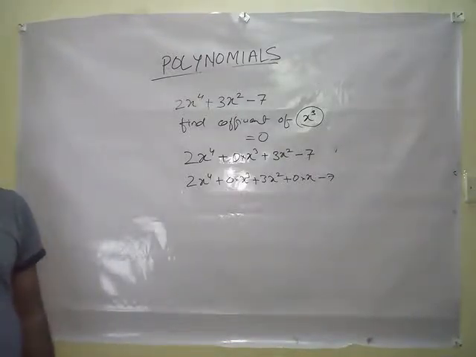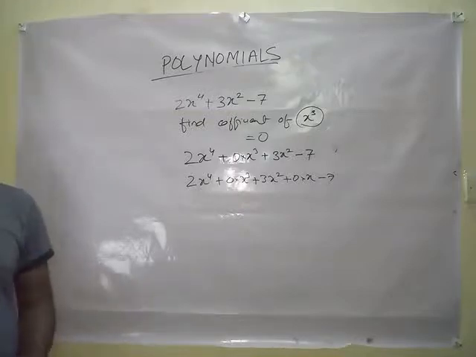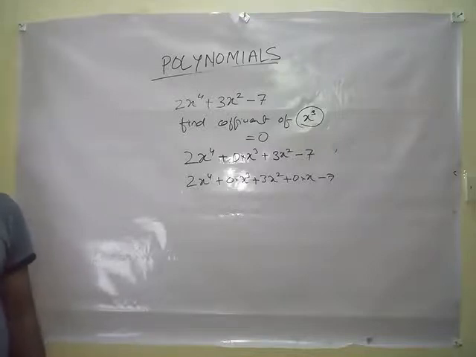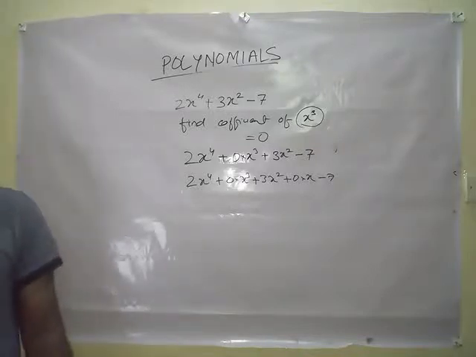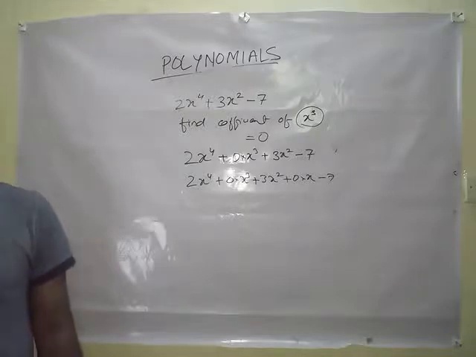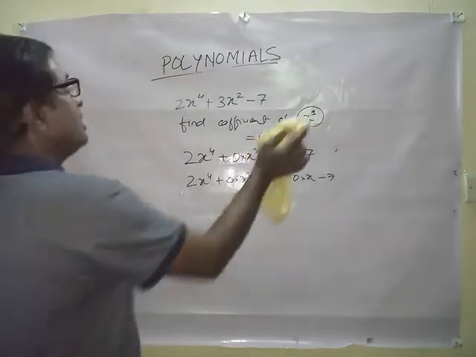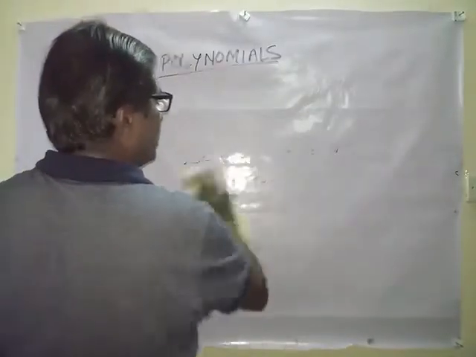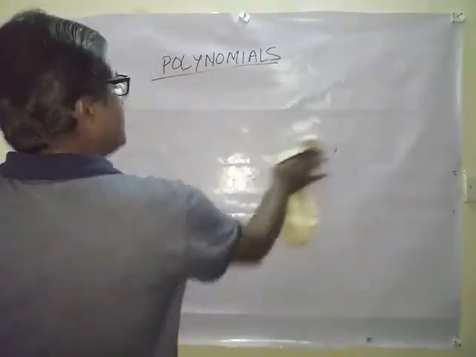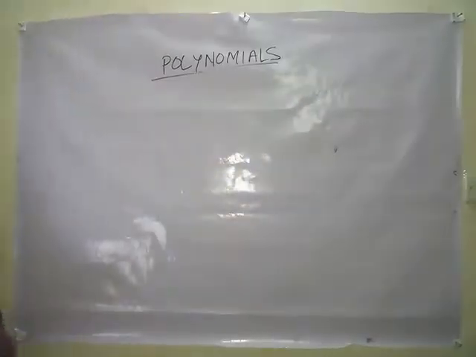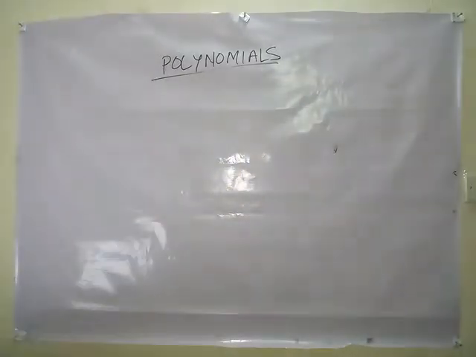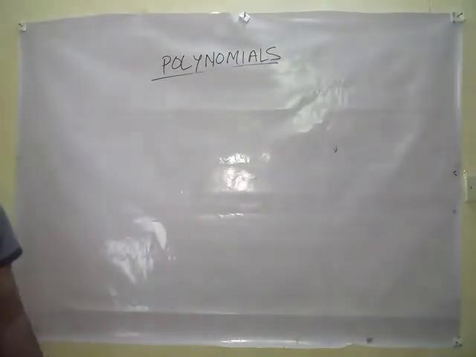Now, we have seen one variable. A polynomial equation can happen with two variables also. One more thing I wanted to tell: this is a polynomial equation of one variable. How do we represent a polynomial equation with one variable?